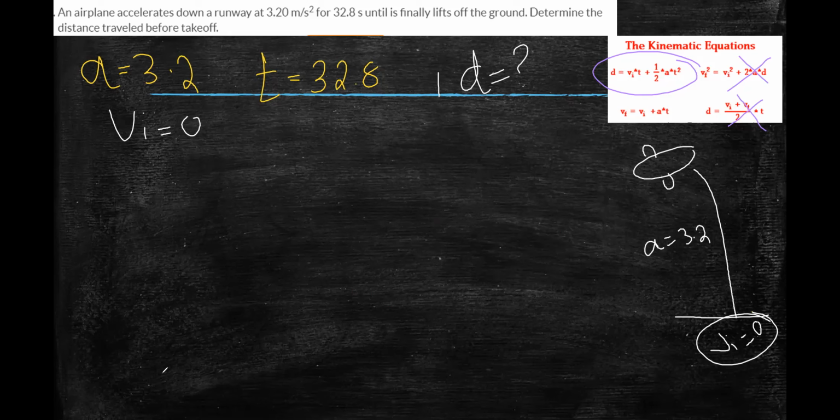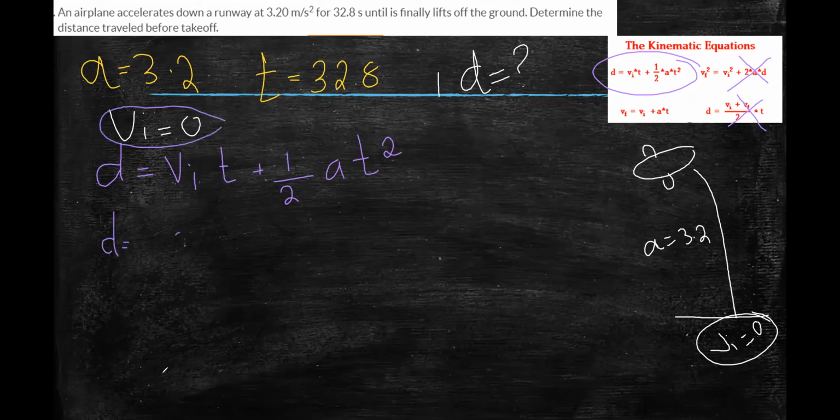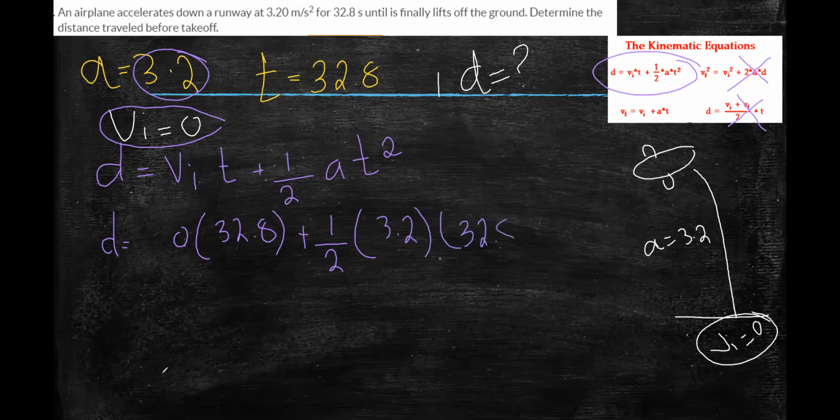So let's take now the first one. D is V initial times T plus half A T squared. D is unknown. I have to find it. Where's V initial? It is 0 times T, which is 32.8, plus half. What is A? It's 3.2. And what is T? It's 32.8 squared.